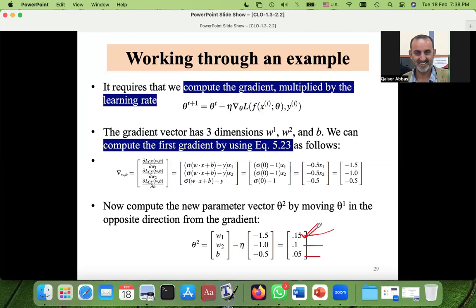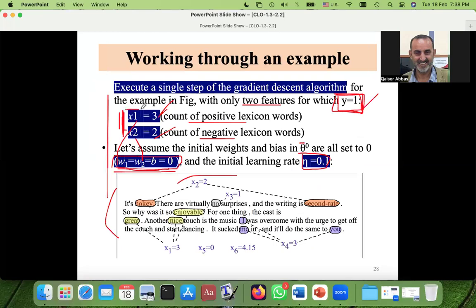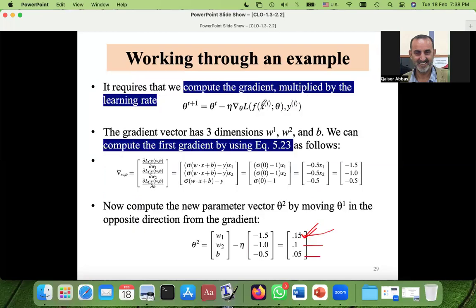W1 is the weight for x1, and x1 is the feature of what? Positive lexicon, which means now the results are going towards predicting, it is already done. We know that it is the positive class, but it means now the weights are moving towards the positive class.